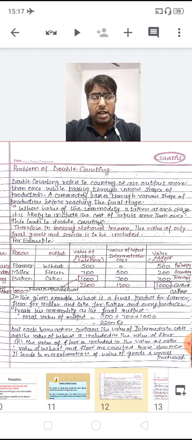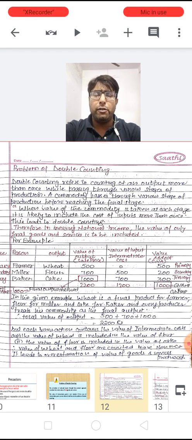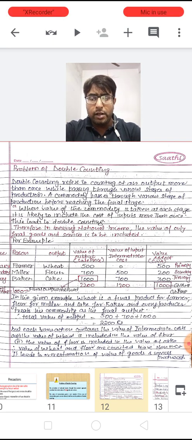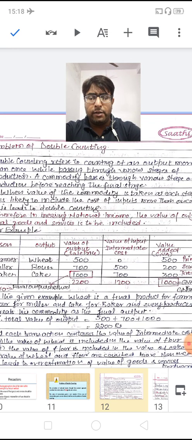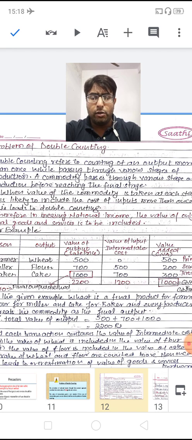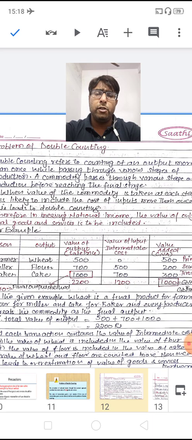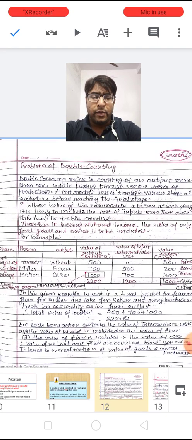But each transaction contains the value of intermediate cost, and the value of wheat is included in the value of flour, whereas the value of flour is already included in the value of cake.